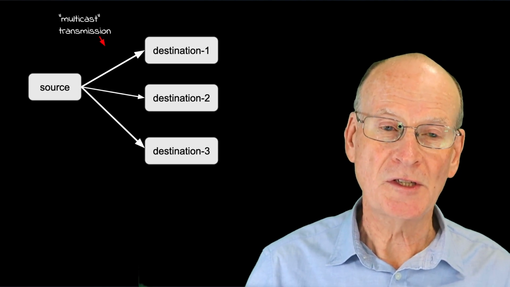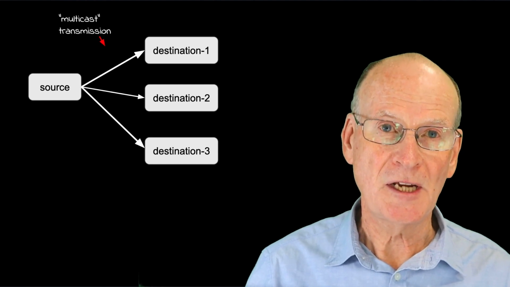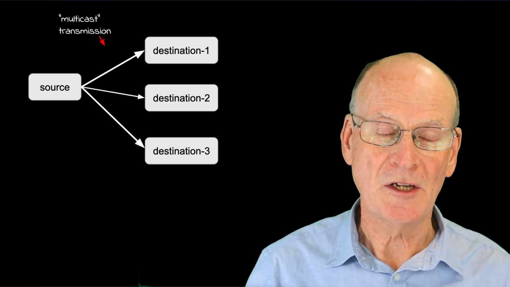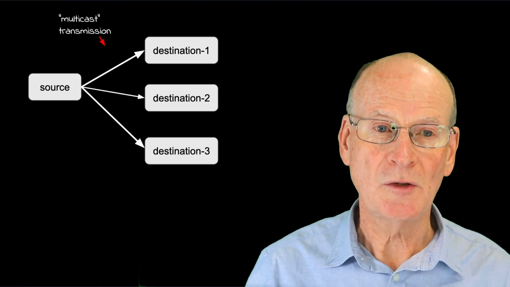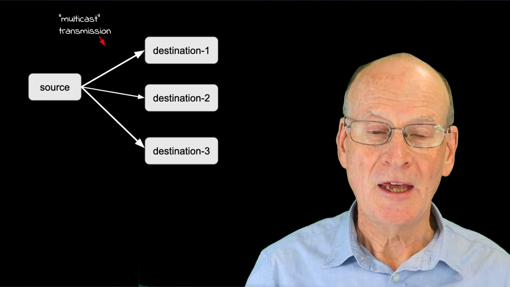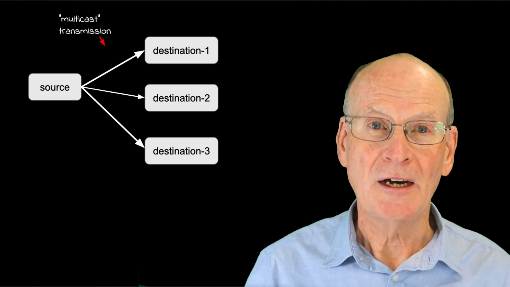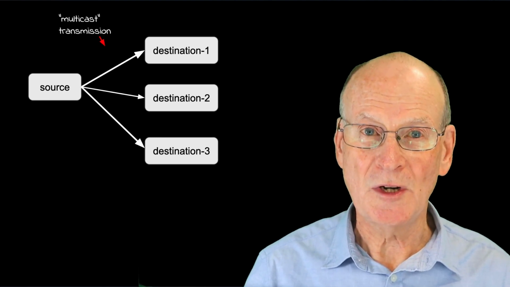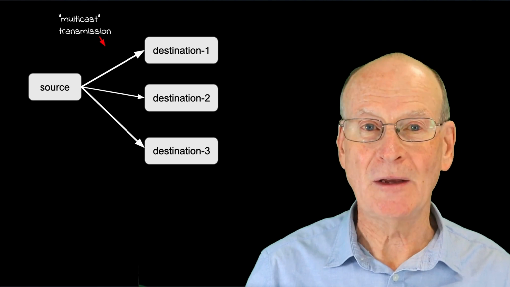You can see here in this diagram, our source is sending it to a number of destinations. The one packet goes out to a multicast address, hence the block of addresses, and all those destinations are connected to that one multicast address, so they'll get a copy of the packet when it comes in.